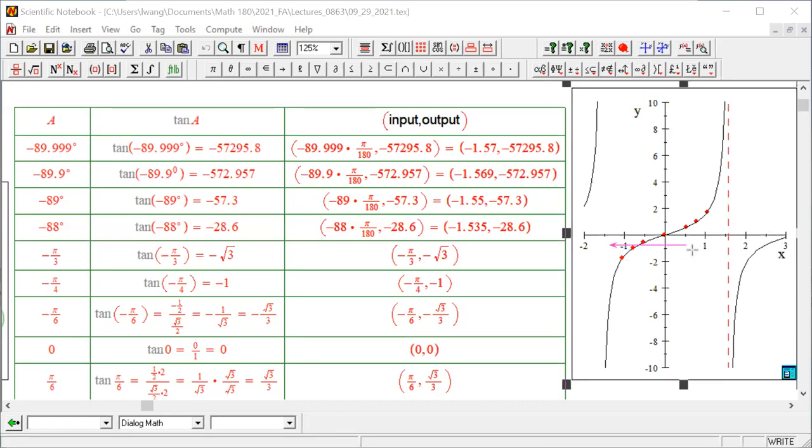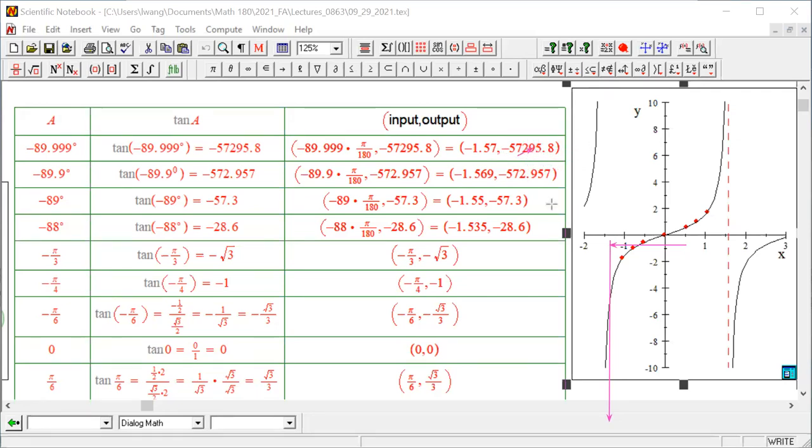So as the angle approaches negative pi over 2, what happens to the output? The output is getting smaller and smaller, to negative infinity, right? Do you guys see that?